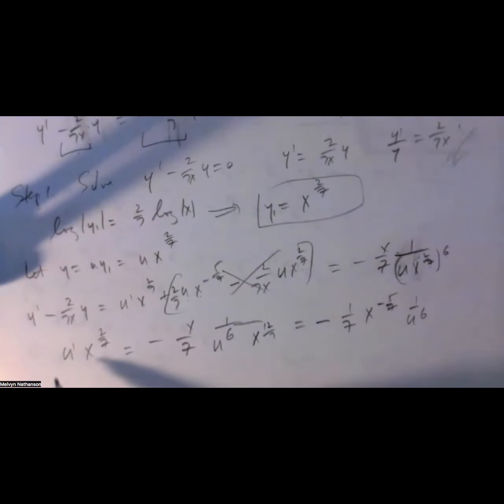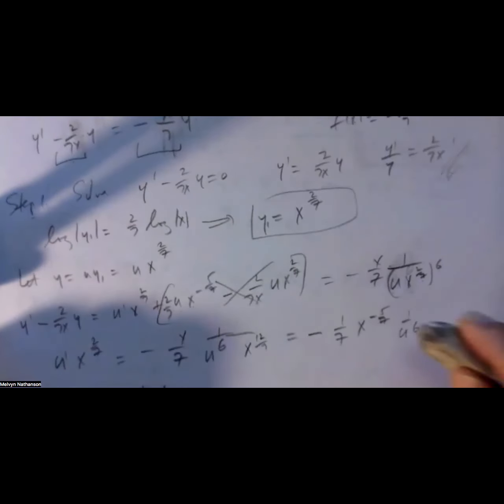So if I multiply by u to the 6th, I get u to the 6th u prime. If I divide by x to the 2/7, I get minus 1/7 x to the minus 1. Right? 1/x to the 5/7, 1/x to the 2/7, this is 1/x.